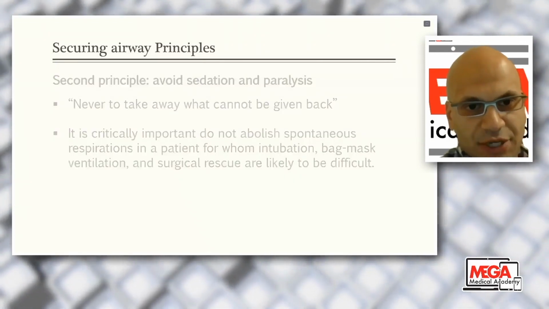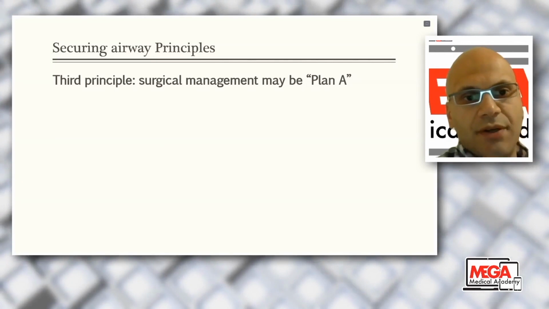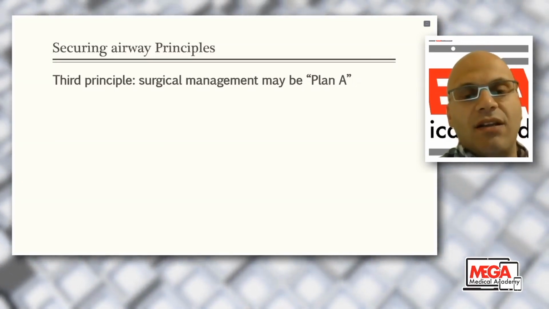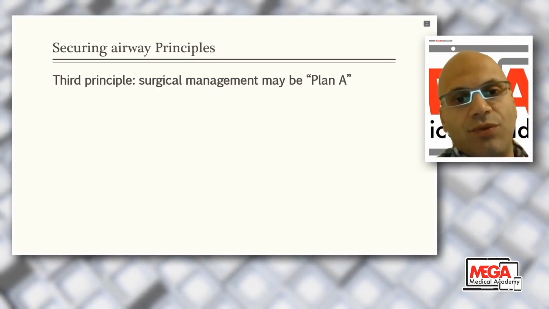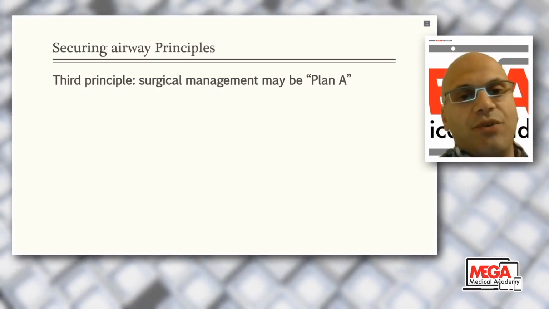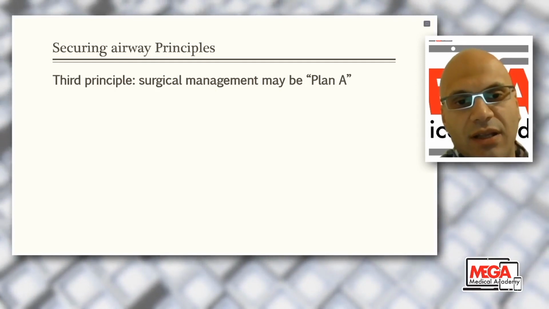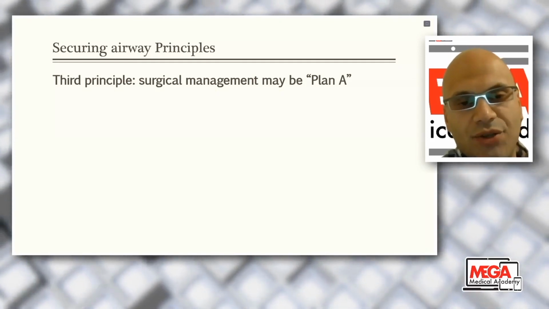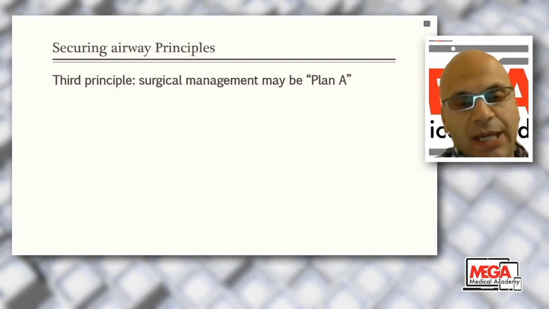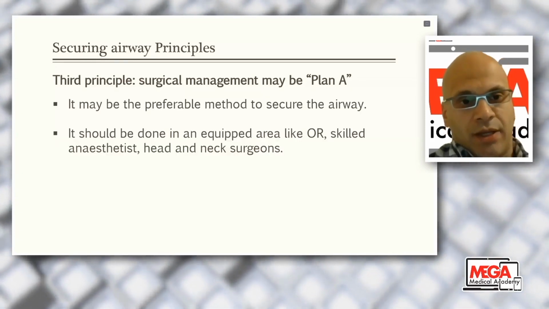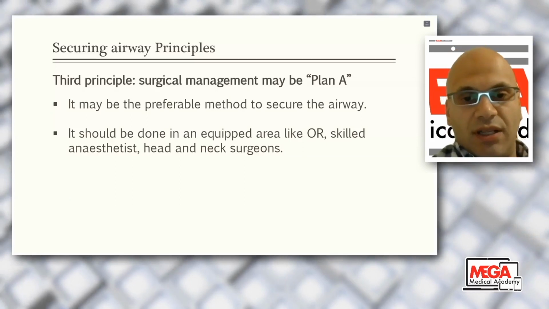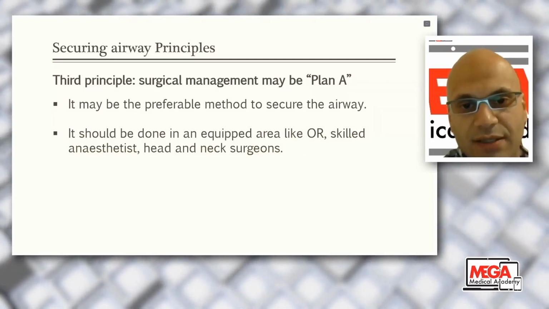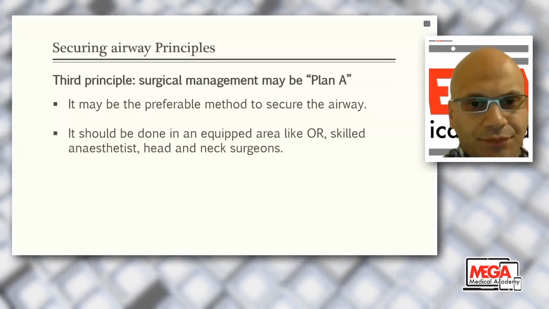The third principle is to keep in mind that surgical management may be plan A. It doesn't necessarily have to be plan B after you fail the intubation and then do the rescue surgical management. It can be plan A from the start. And it should be done in a highly equipped area like the OR, with skilled anesthetists with you, and contact the head and neck surgeons to be beside you.